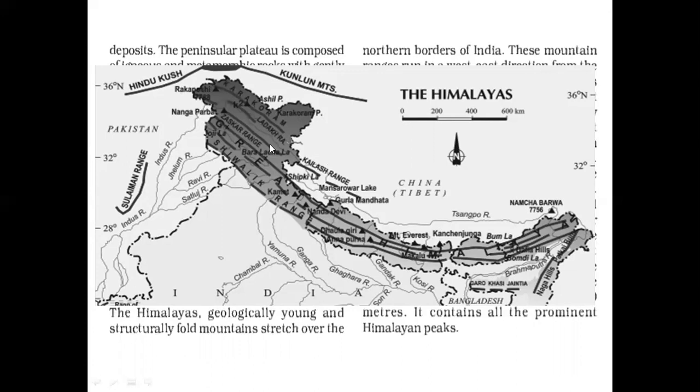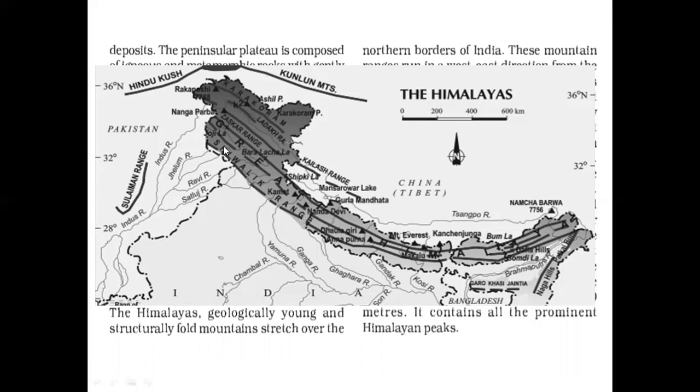We have the Greater Himalaya, which is also known as Himadri, and its height is about 6,000 meters, which is the highest, loftiest mountain. After that, we have the Middle Himalaya or the Himachal. Its height is about 3,700 to 4,500 meters. And we have famous hill stations over here like Kangra, Kullu and Kashmir.